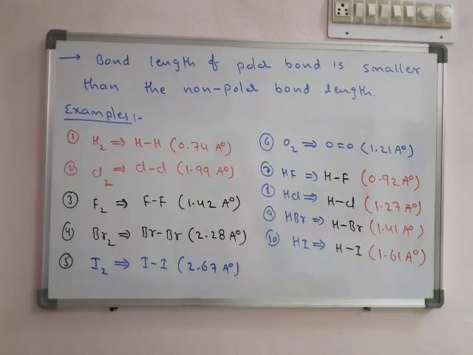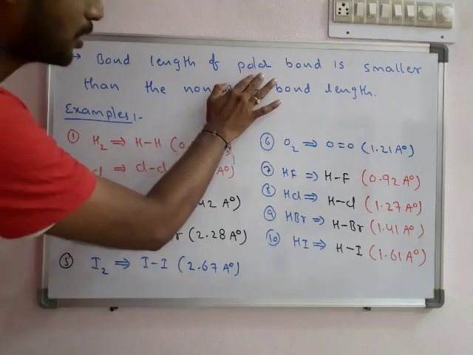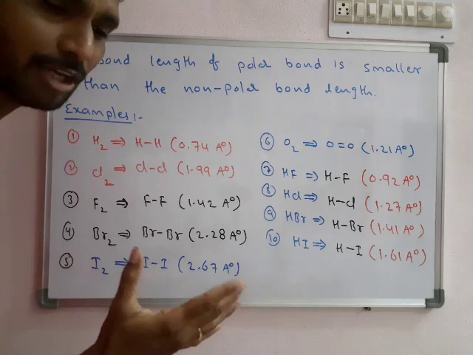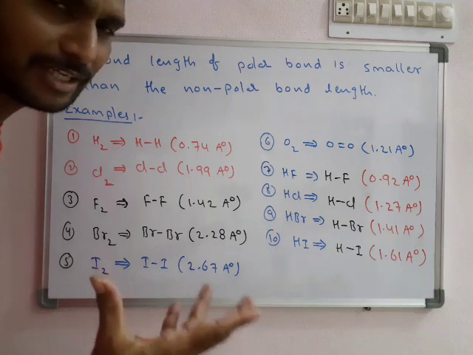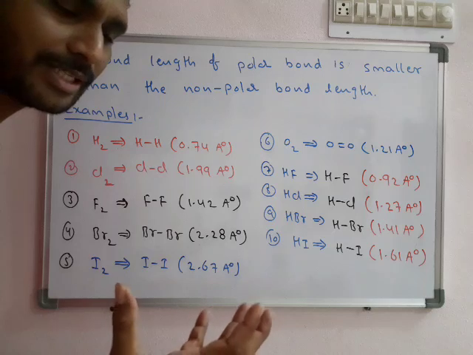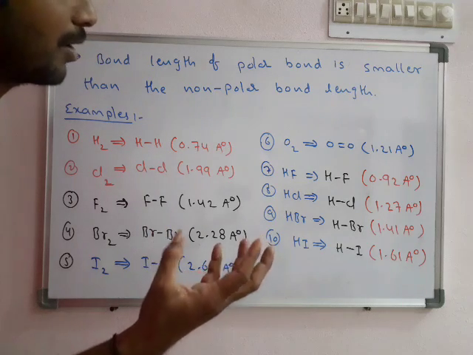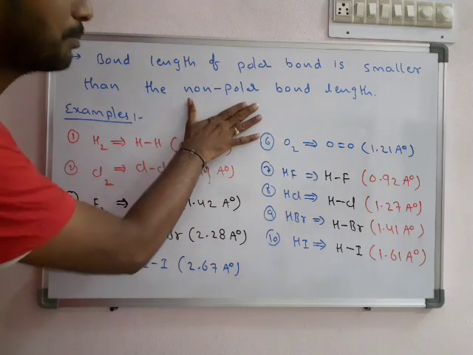A polar bond forms when there are two different electronegativities. When the electronegativity difference is more, there is more attraction. That's why the bond length is smaller when compared to non-polar bonds.